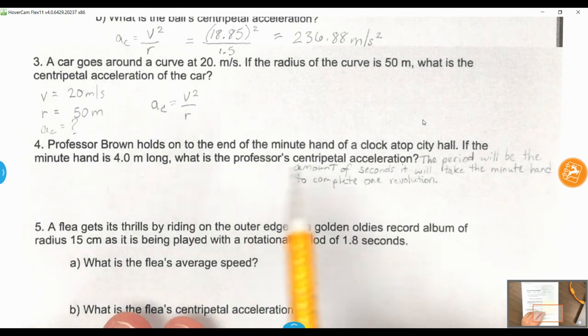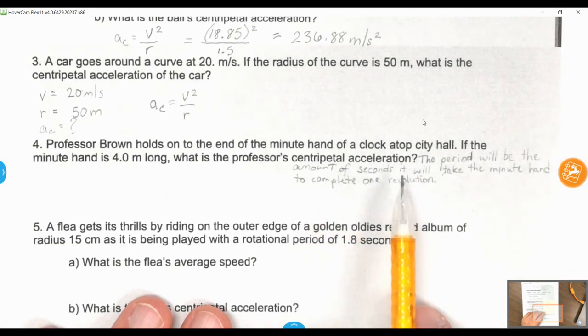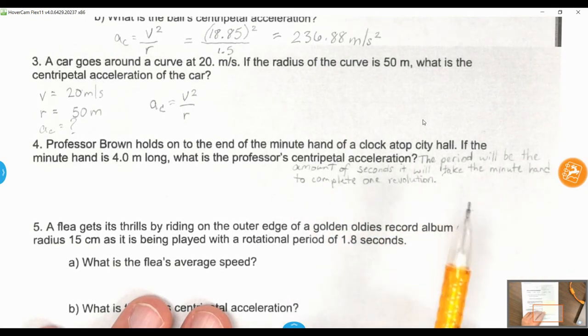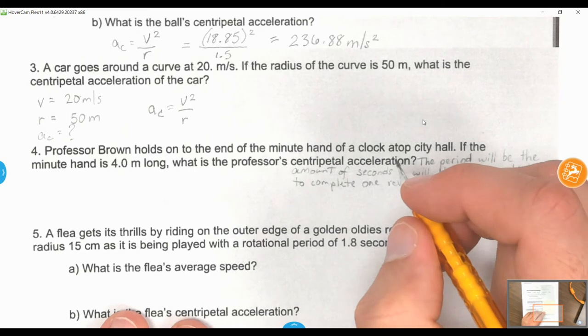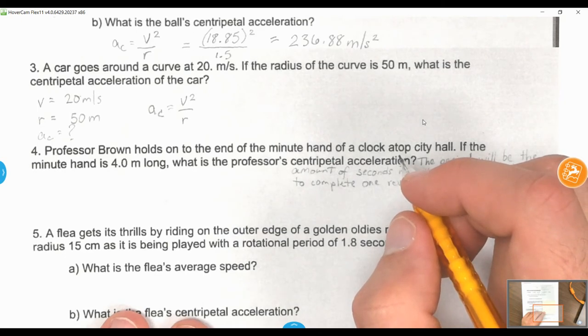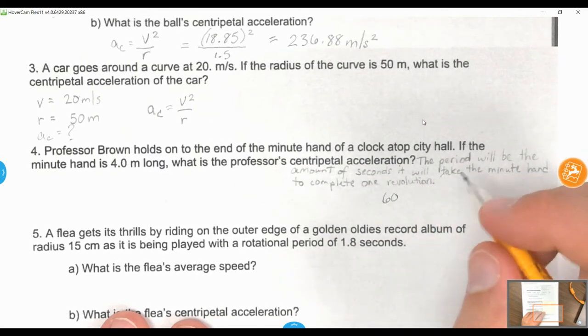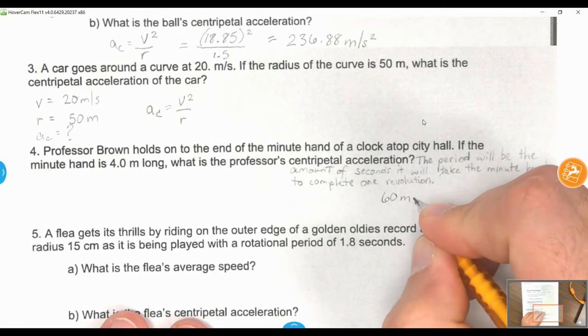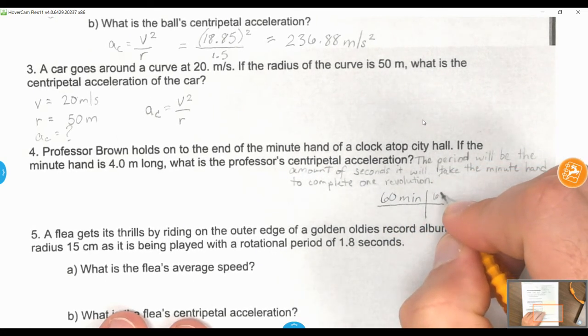Okay, so he holds on to the end of the minute hand of the clock atop City Hall. If the minute hand is 4 meters long, what is his centripetal acceleration? So the period would be the amount of seconds it would take the minute hand to make one complete revolution. The minute hand takes a little bit of time to make its way around. So in 60 minutes, there are 60 seconds per minute.